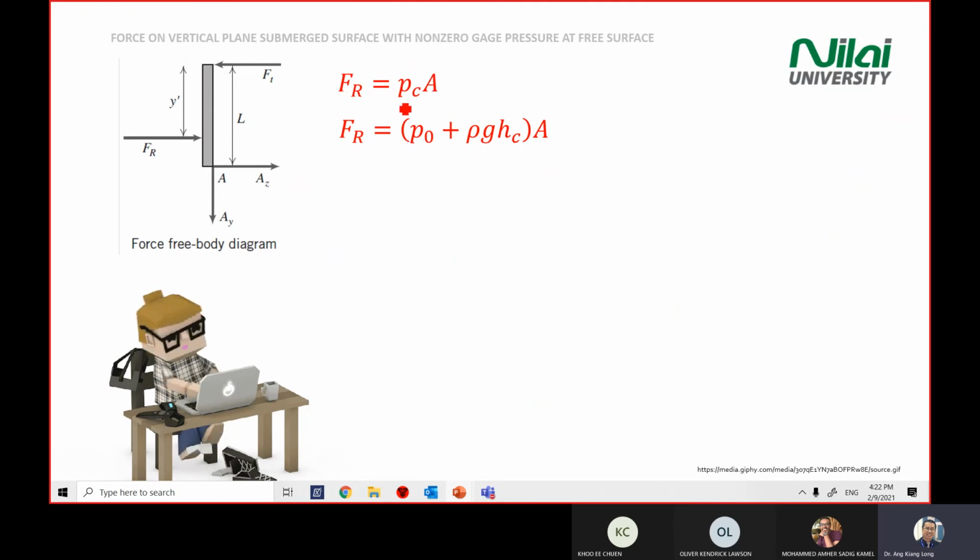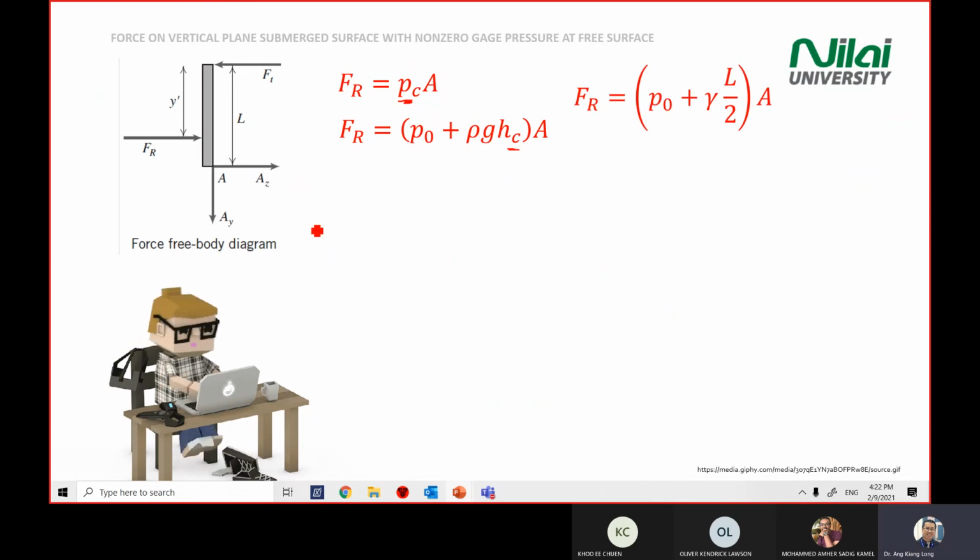So in this case, we convert our pressure with P0 plus rho GH through the centroid, okay, times A. Because we are given specific weight gamma in the question, in the diagram that you see is 9.807 kilonewton.